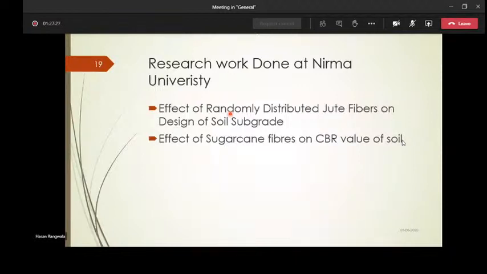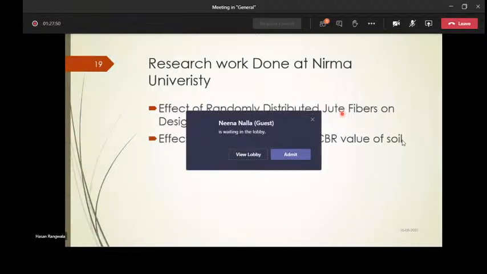So now we will see some of the research work that has been done at our institute. I have included here two pieces of research done by some of the BTech students. Now, one is randomly distributed fiber with jute fiber, and another with sugarcane fiber.